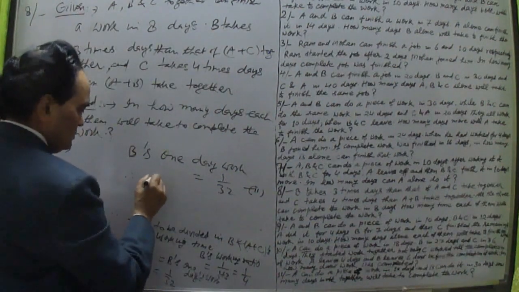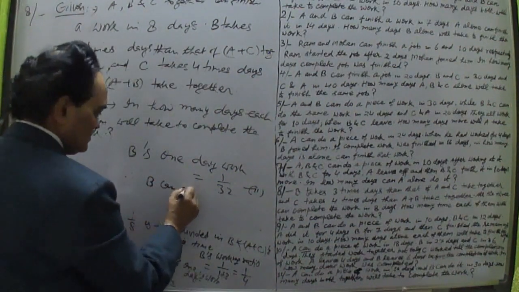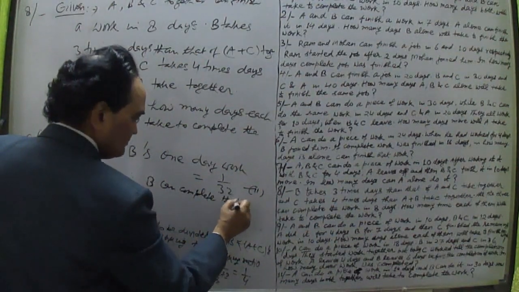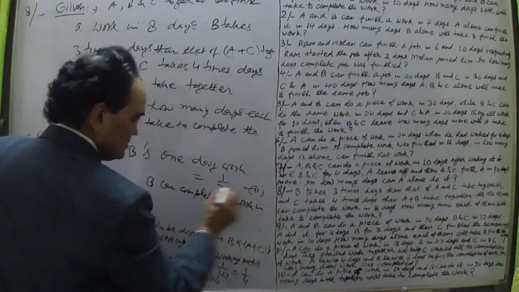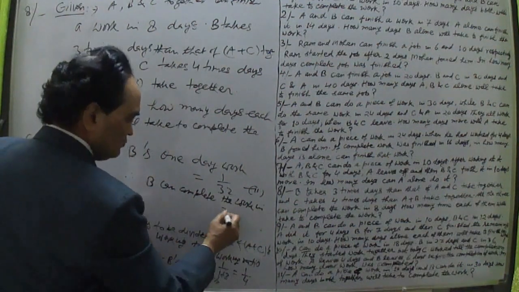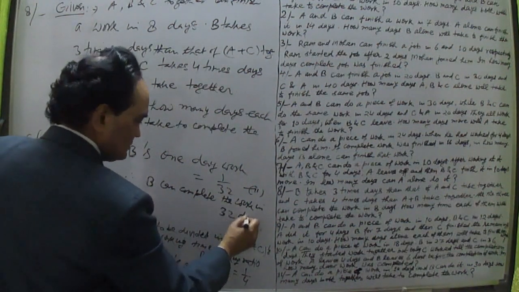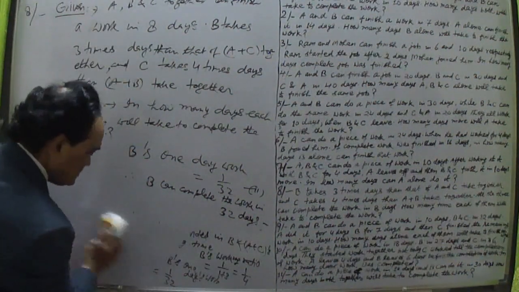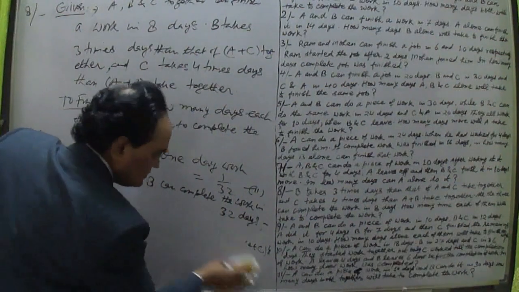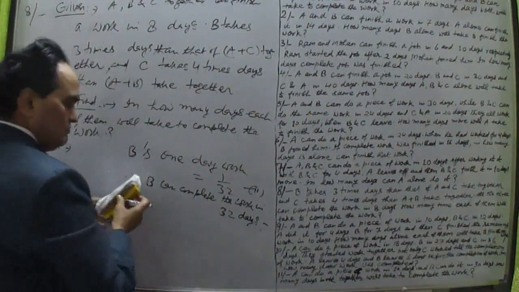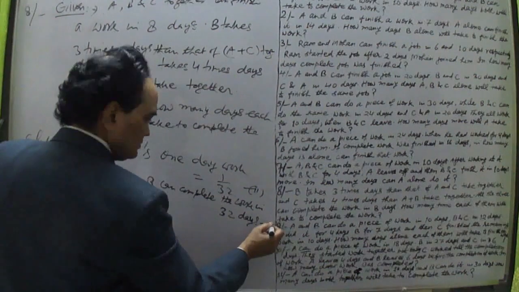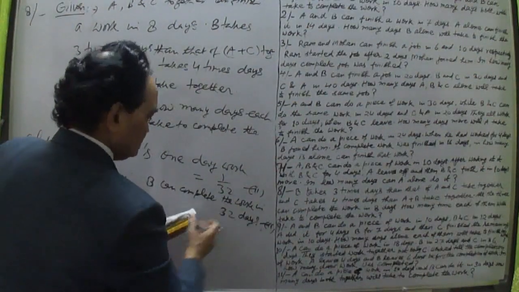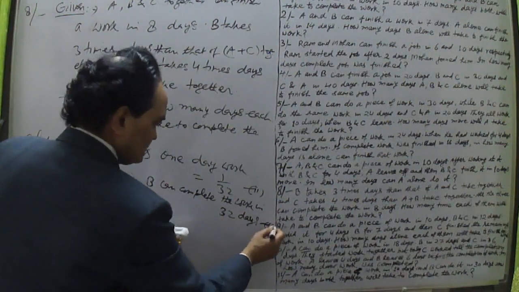Therefore, B can complete the work in 32 days. This is one answer. We can complete this work in this many days. B's work is this, and this is the third one.